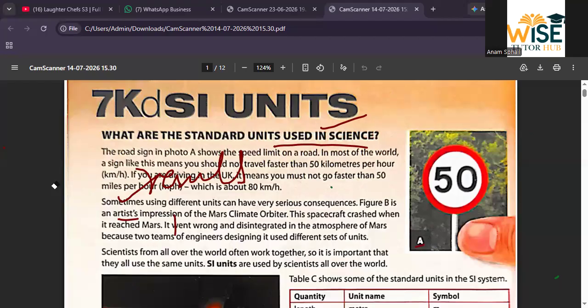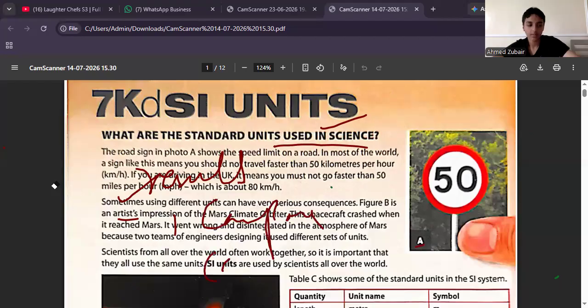If one scientist is measuring the time in seconds and another is measuring the time in hours, how will they be able to compare the results? So in order to compare the results, they should use the same units. It is clear?